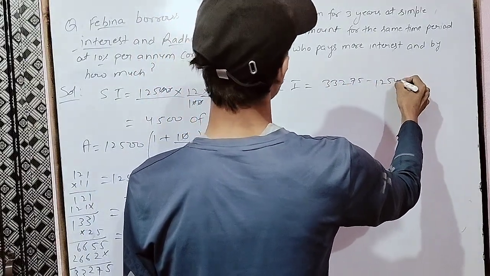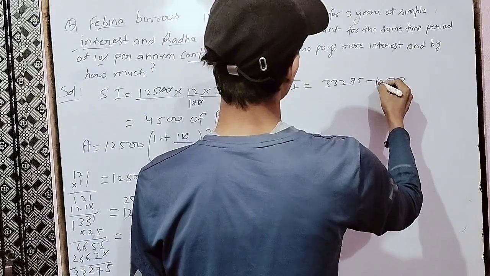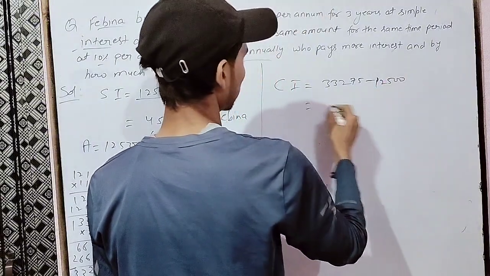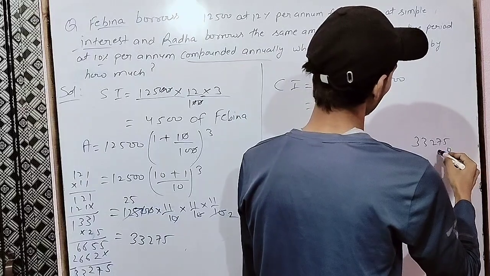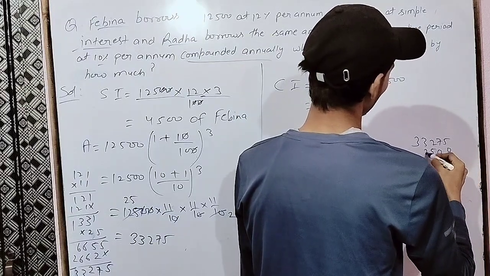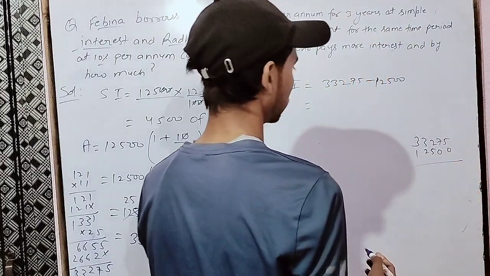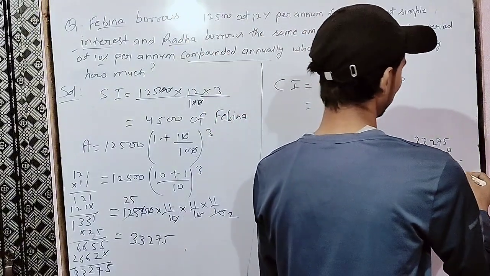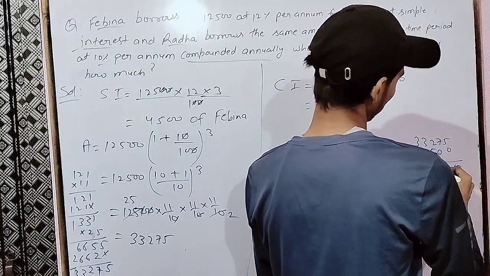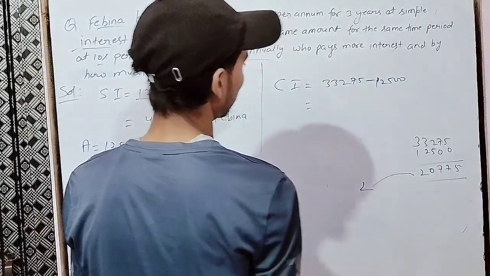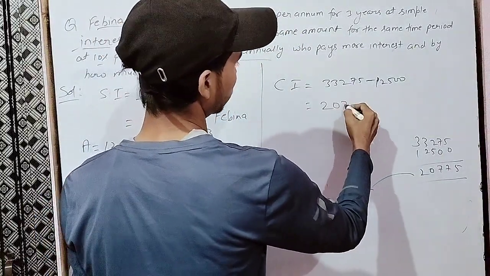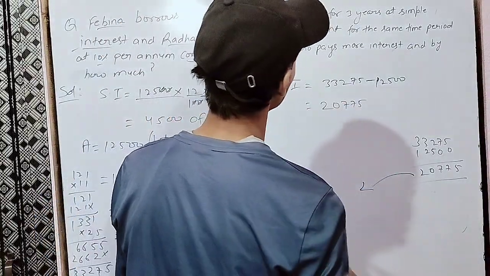Alright. 5 2 1 12,000. Okay, no problem. 5 7 7 0 2. This is only compound interest. Do you understand? This is only compound interest.